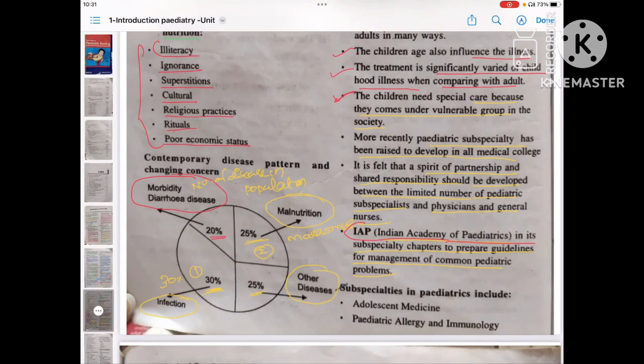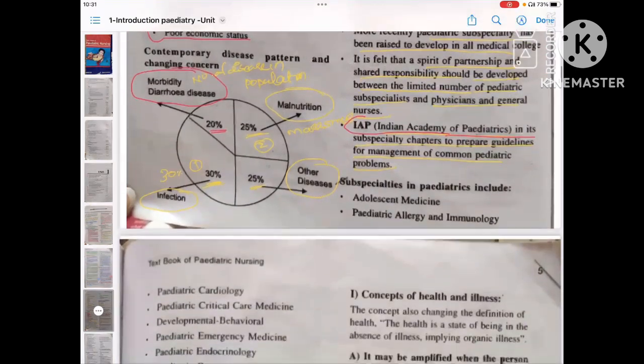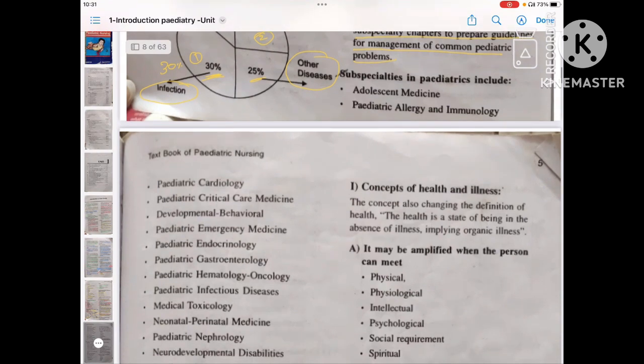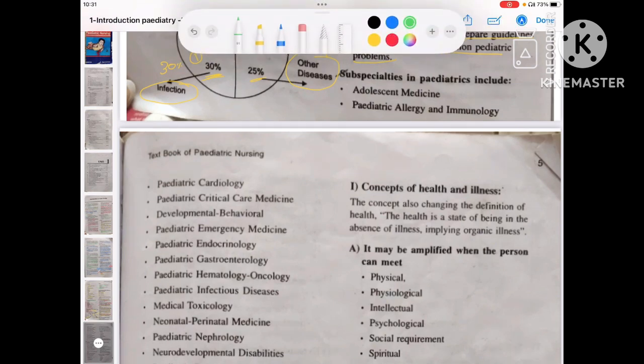So the next one is the subspecialties in pediatrics. I hope you have heard that there are lots of specialties in pediatrics. Some know only pediatrics, as if everything comes under it. It's not like that. In pediatrics there are a lot of subspecialties. Let's see them one by one. The first one is adolescent medicine. As we know, adolescent means young people.